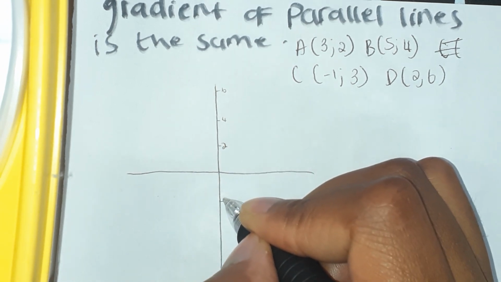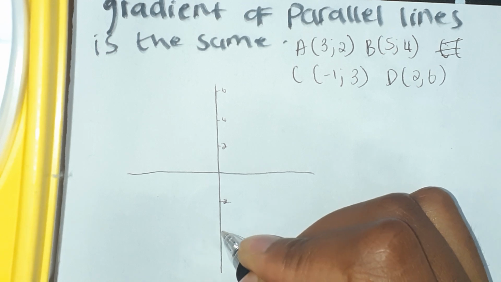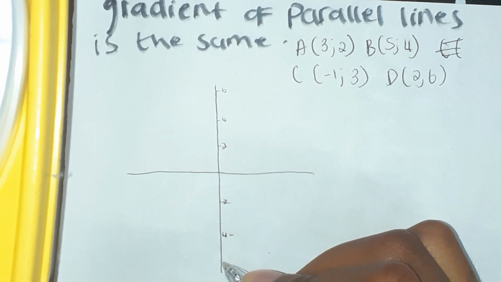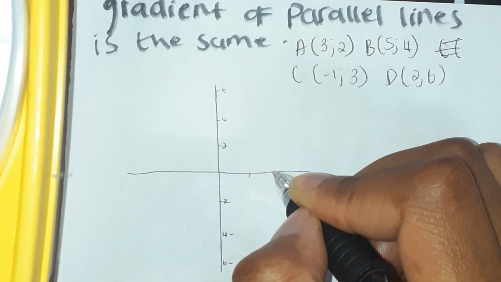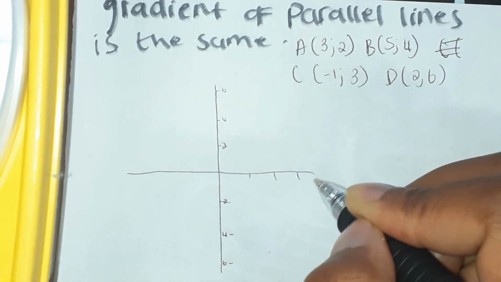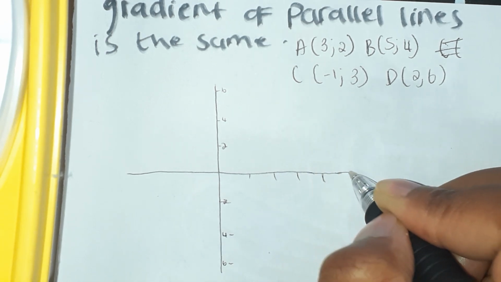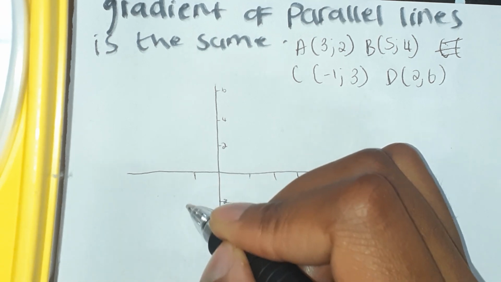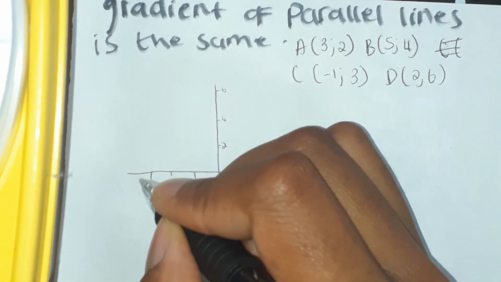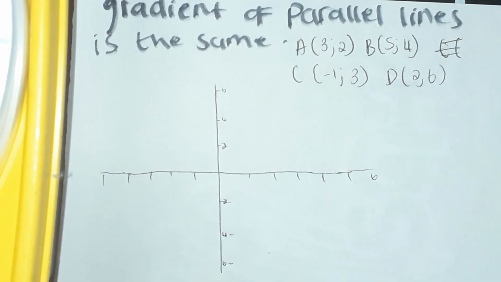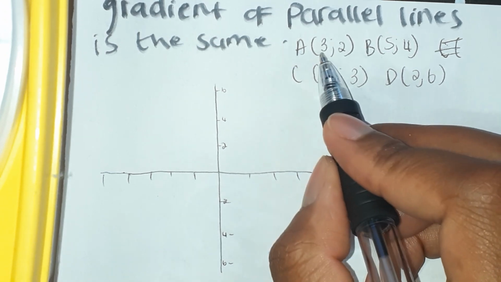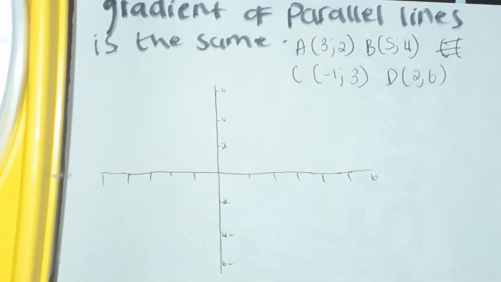Here is negative 2, negative 4, negative 6, and then 1, 2, 3, 4, 5, 1, 2, 3, 4, 5. Let's see, 6.